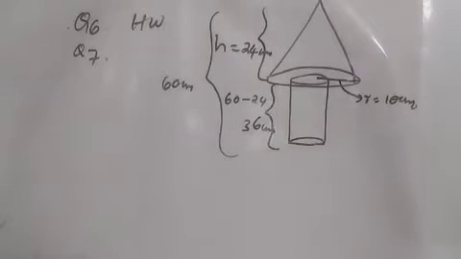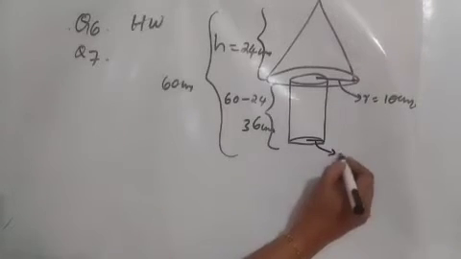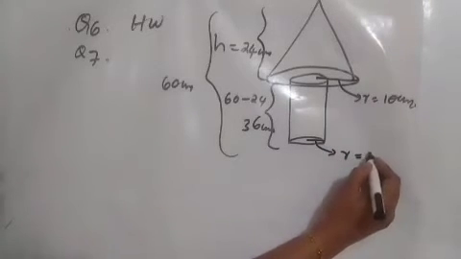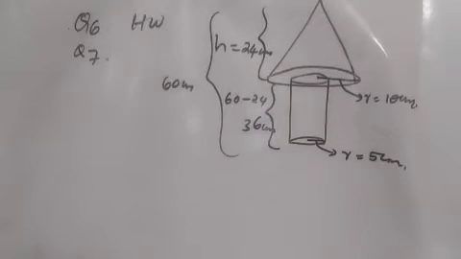It is given that it is twice the radius of the cylinder. So what is the radius of cylinder? Yes, 5 centimeter. Okay, 2 5s are 10, no? So twice that of radius of the cylinder is that of cone. That's why we can calculate the radius of the cylinder as 10 by 2, 5 centimeter.